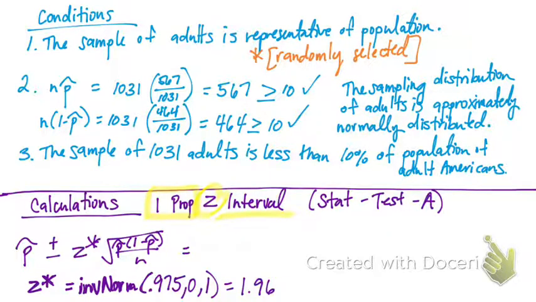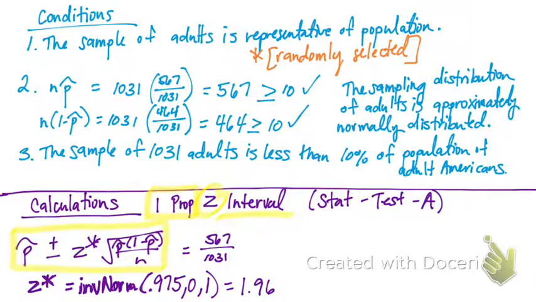So this is the formula by itself. The next part, I say equals, formula plugged in. So P hat is 567 out of 1031. We don't necessarily even need that, so I'm just going to put 567 out of 1031, because you can write it as a decimal, or you can leave it as a fraction.